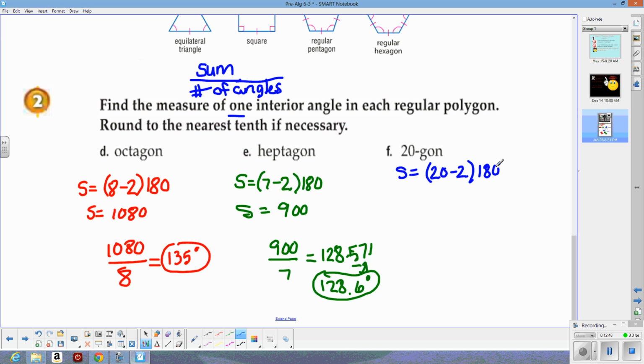So we're going to have 18 times 180, which is 3,240. Now to find the measurement of one angle, we're going to take that sum and divide it by 20, since there are 20 angles the same size. And that works out to be 162 degrees.